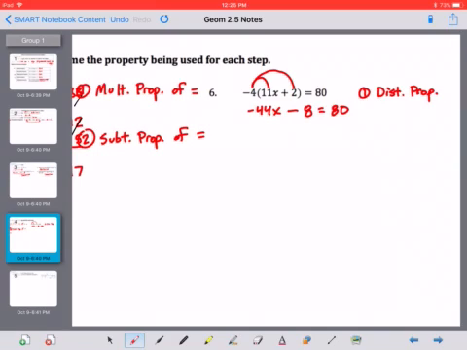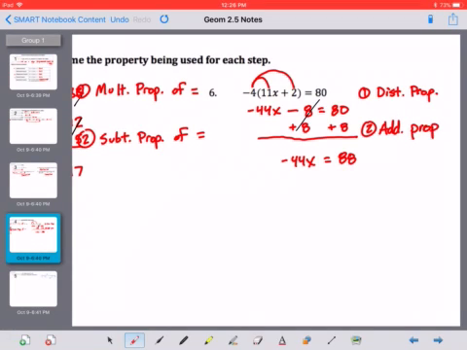Okay. So from here, what should we do next? Let's add that 8 to both sides. So these 8's cancel. We end up with -44x = 88. And why can we do that? Well, we can do that with the addition property of equality. All right.